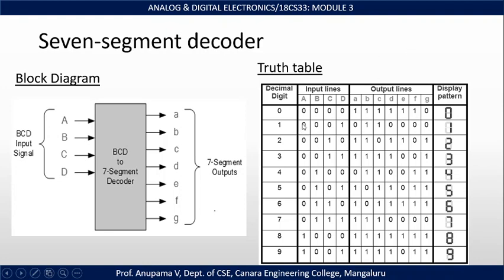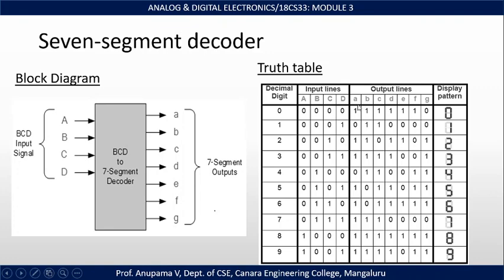So see the truth table. We know that when A is 0, B is 0, C is 0, D is 0, this is the format of 0 which gets displayed in the 7 segment display, that is, out of 7 LEDs, 6 LEDs will glow.